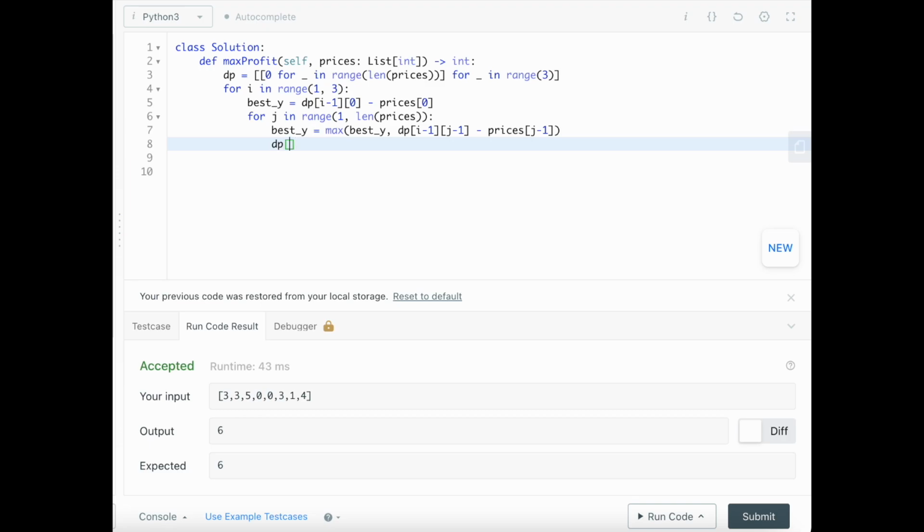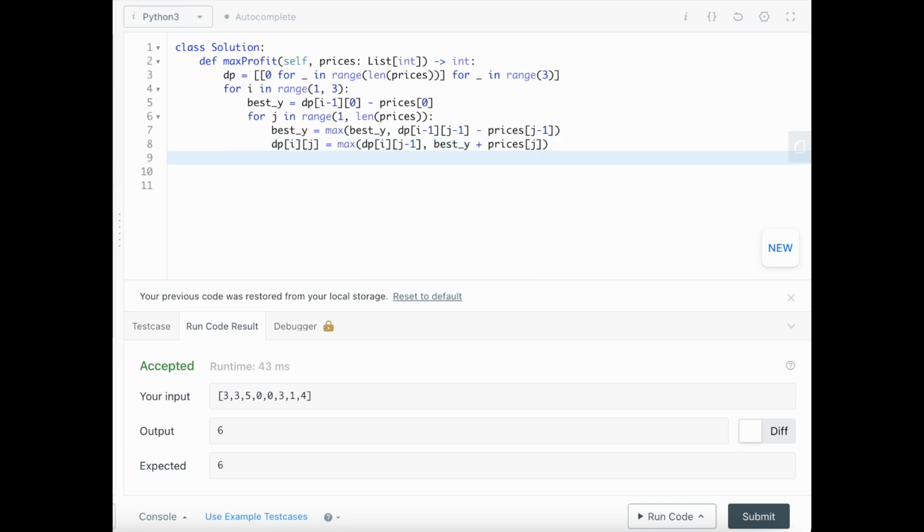So dp of i j is equal to max of dp of i j minus 1 comma our best y. So best y includes we are purchasing the stock. We are already purchasing stock, so we are going to sell the stock at today's price. So the price for today's stock is going to be prices of j.